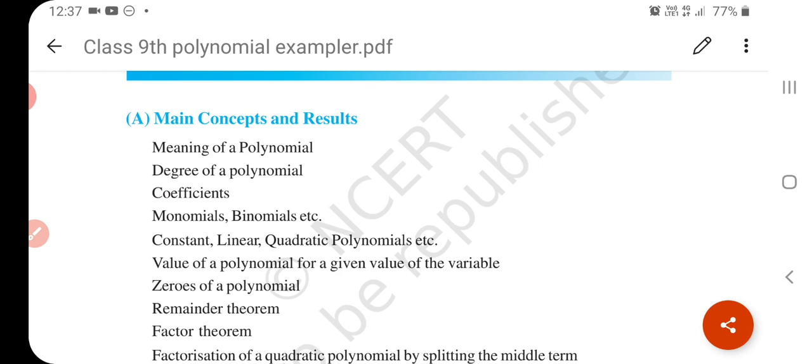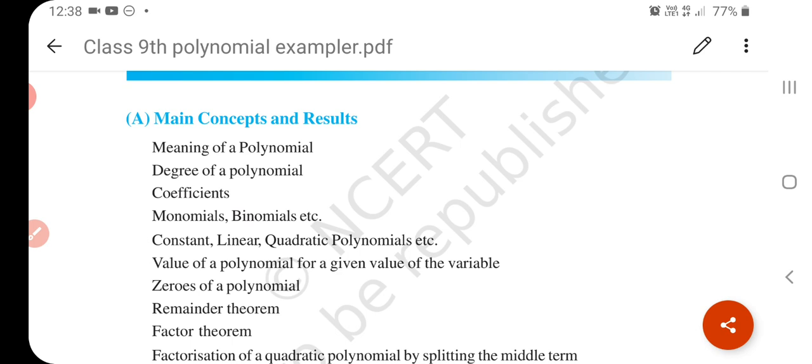Okay, in this chapter we have learned what is polynomial, meaning of polynomial, what is degree of polynomial, and how we define the polynomial from its degree. If the degree of polynomial is 1, then we can say that it's a linear polynomial. If degree is 2, then we can say that it's quadratic, and if degree is 3, we can say that it's a cubic polynomial.